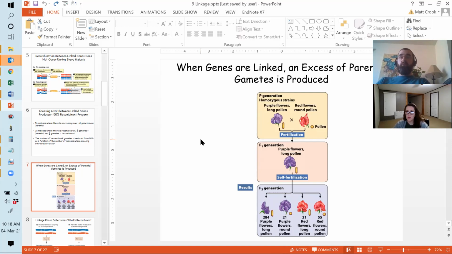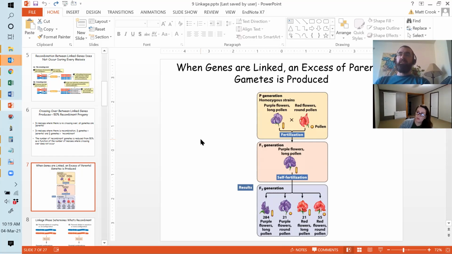Linkage, you're still seeing, unless they're absolutely completely linked, in which case it would be pretty difficult to distinguish between the two. Yeah, actually, we'll get to that in a second. You'll always see the 4 different phenotype combinations, both in the parents and in the F2 generation, but they won't have the expected ratio in the F2s.